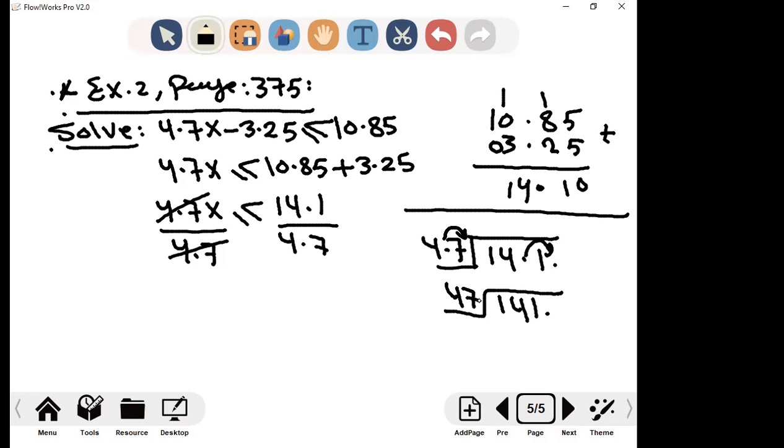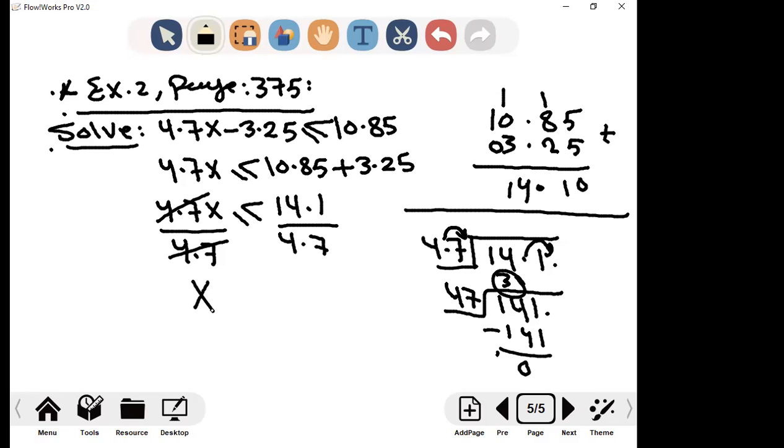Divide normally. 3 by 47. You guess numbers, you know the steps. 3 by 47 is 141. Subtract, 0. So the answer is 3. So come back here. By the way, is 4.7 negative? No. So no need to switch the inequality.